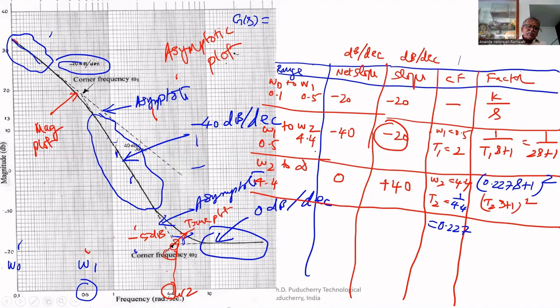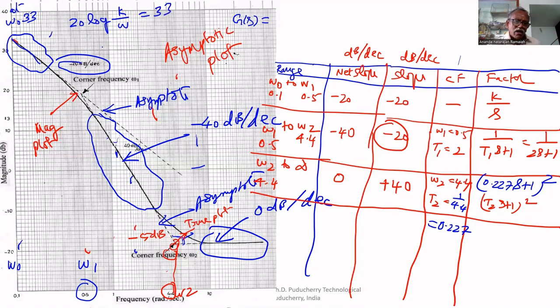To find K, we need two values. Here we know two values. At omega naught, the magnitude is 33. So that can be used to find K. How we can find: 20 log K by omega equal to 33.